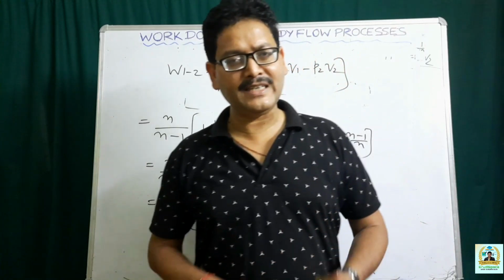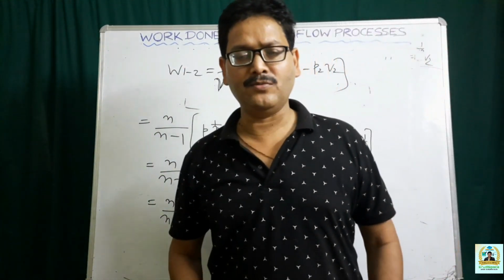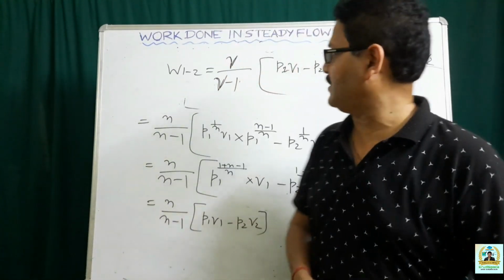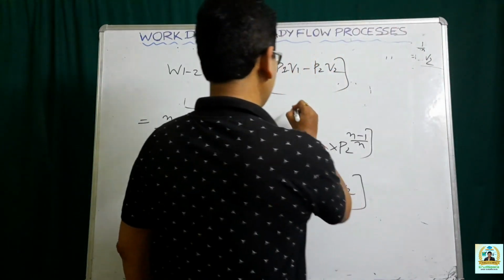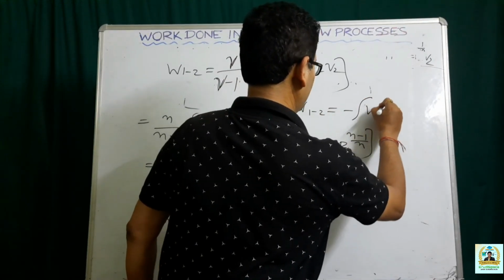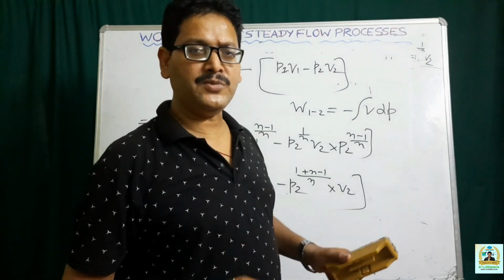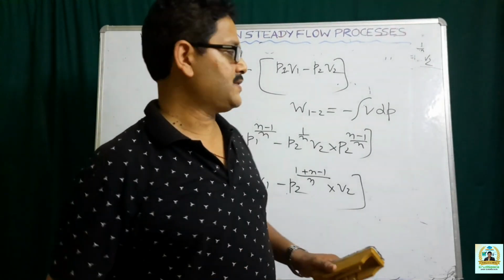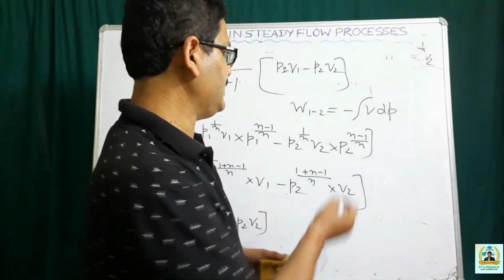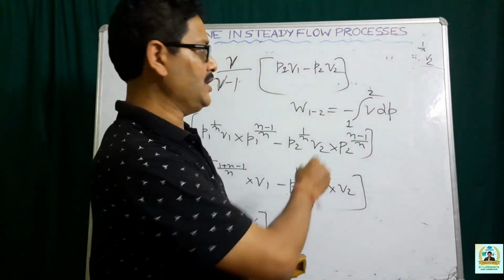So we have discussed in detail the work done in steady flow process. We have derived the general expression for the work done, which is represented as W12 is integration of minus VdP, and all of us know that when it comes to a closed system, then W12 is integration of PdV, but here it is minus of integration of VdP from 1 to 2.